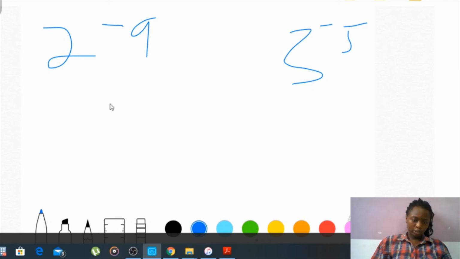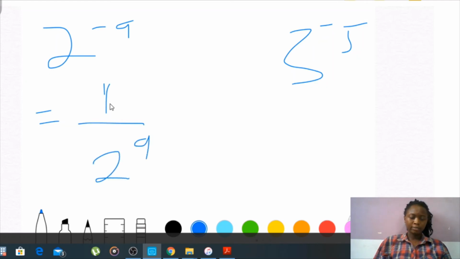Negative 9 means we are going to find the reciprocal. So we'll have 1 over 2 raised to the power 9, and this will be 1 over 3 raised to the power 5. As simple as that.